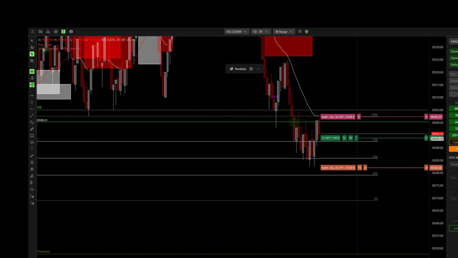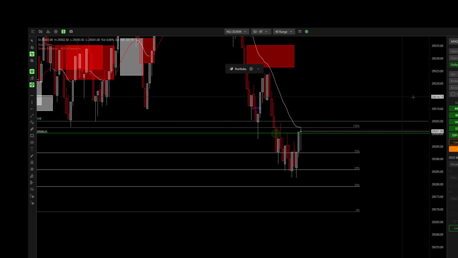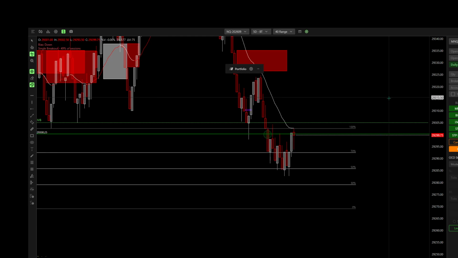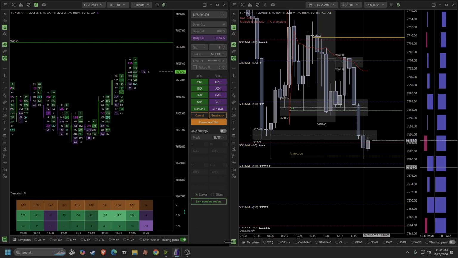But we missed our take profit by a tick. See if we can get back up there. All right, so 2 trades, 1 winner, 1 loser, positive $13. And that's it for that trade.